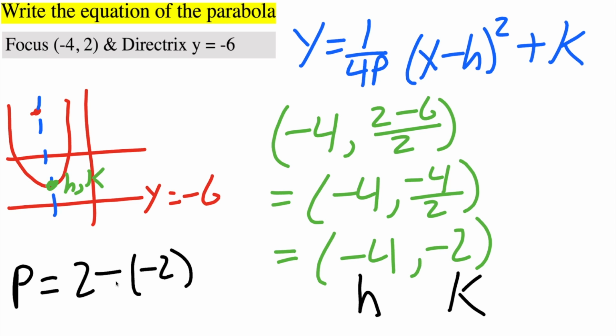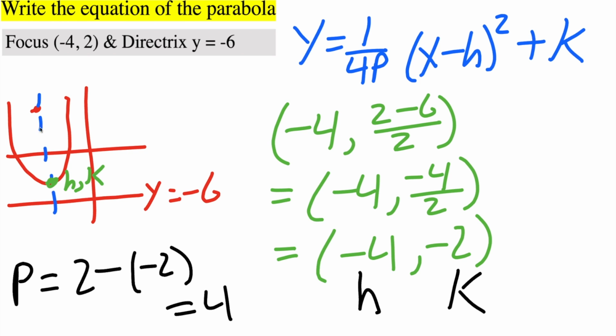And 2 minus -2 would give us 4. So our p value is 4. So going from here up to here, you're going up by 4. It's important to note, and we'll see in another problem, that your p value can in fact be negative. But in this case, we're going up by 4. That's why it's positive p.